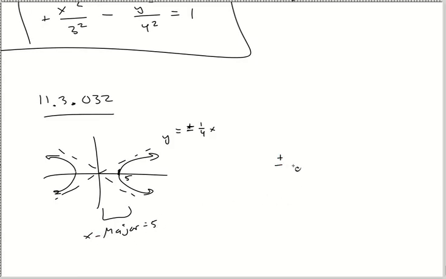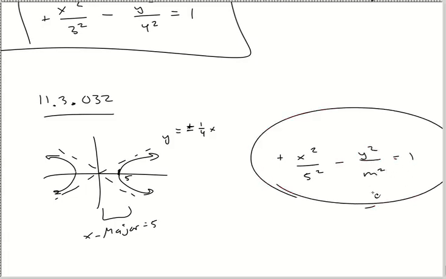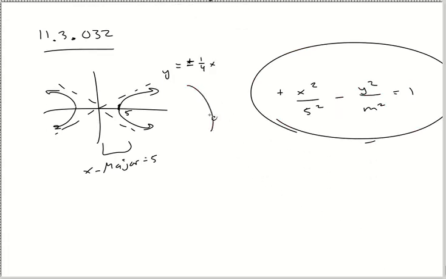My ending answer will be a positive x squared over 5 squared minus y squared over the minor squared equals 1. This is my answer. I just need to find what little m is now. Remember that this is a y distance over an x distance.